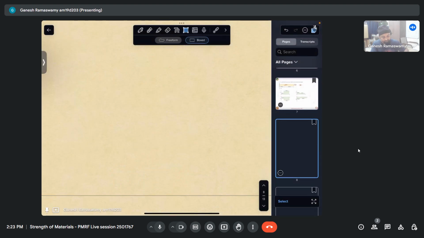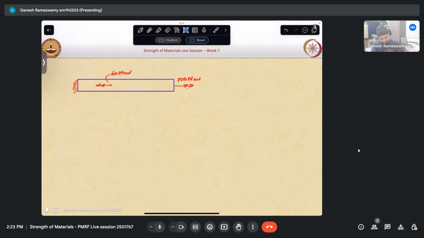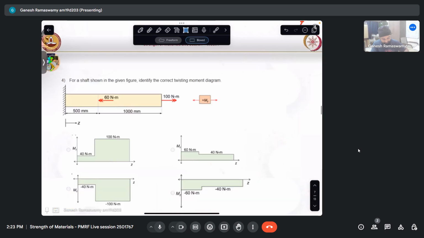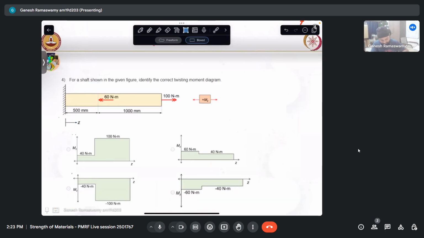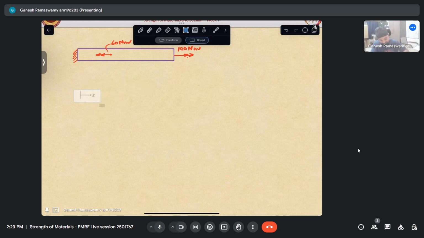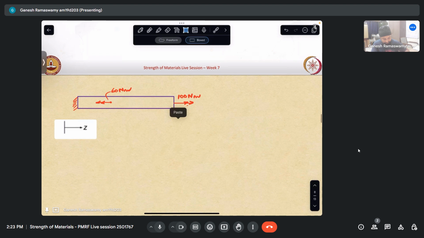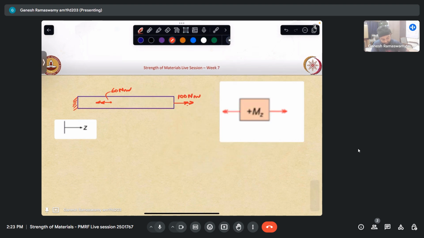So here it is similar to what we did for beams. We have been given a sign convention and we have been given the coordinate system. So this is our coordinate system, which is positive z, and we have been given this as the sign convention. What this implies is on the positive z face, this type of twisting moment is positive.